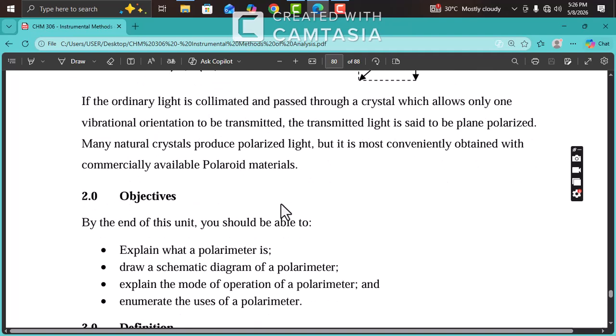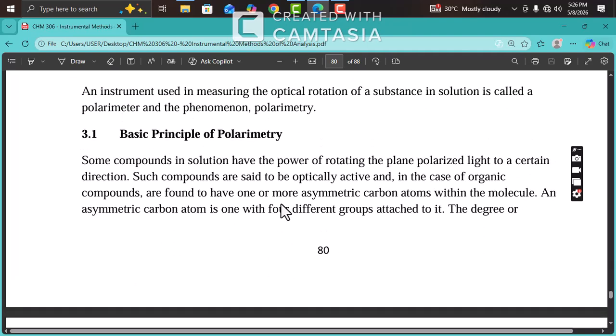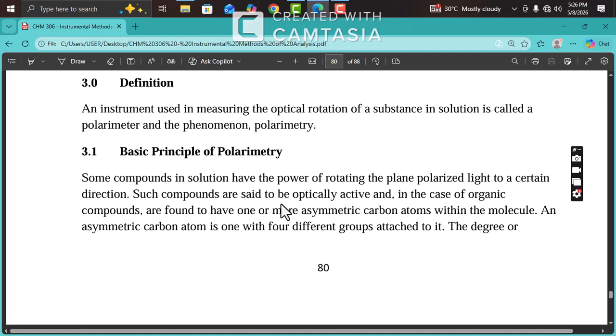Now let's move on. An instrument used in measuring the optical rotation of a substance in solution is called a polarimeter, and the phenomenon is called polarimetry.